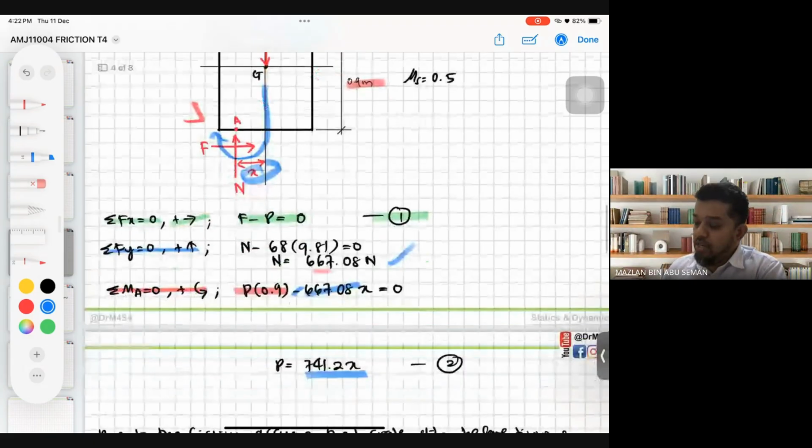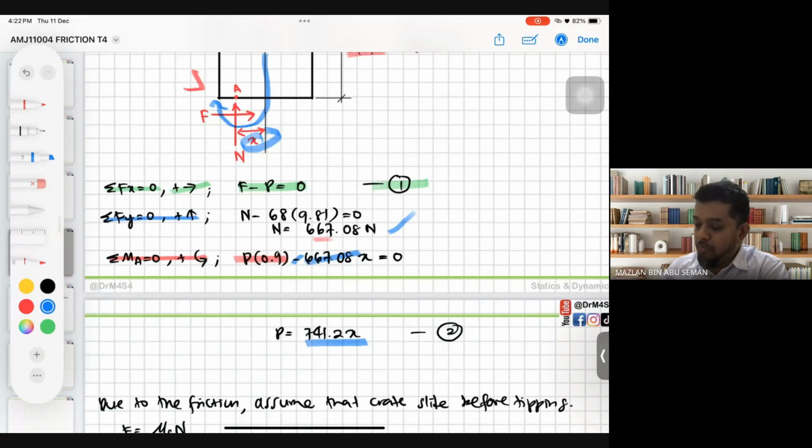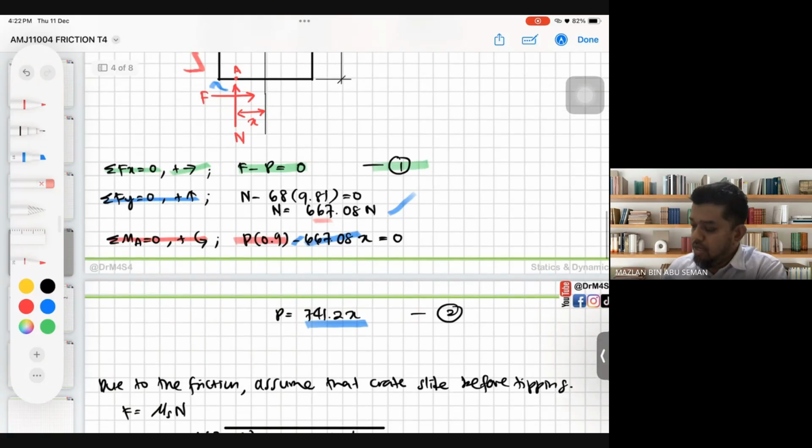Then due to the friction, for sure this is a friction topic. Due to the friction, we assume that the crate will slide before tipping. If you do not understand about tipping or sliding, please refer to example 3, because next week we're going to move to the next chapter already.